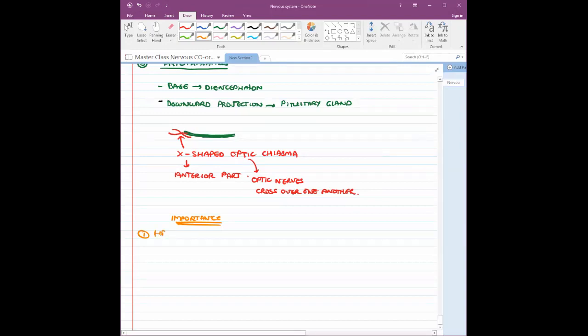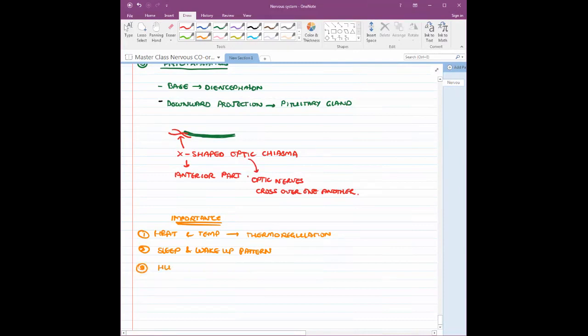So we say that this is responsible for thermoregulation. Second, this is also responsible for your sleep and wake-up pattern.